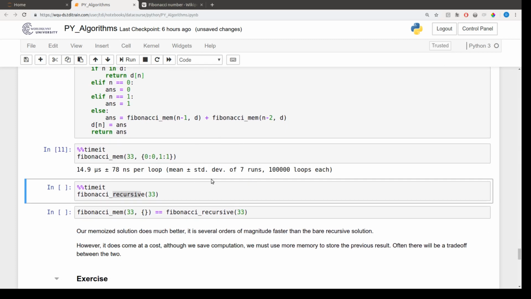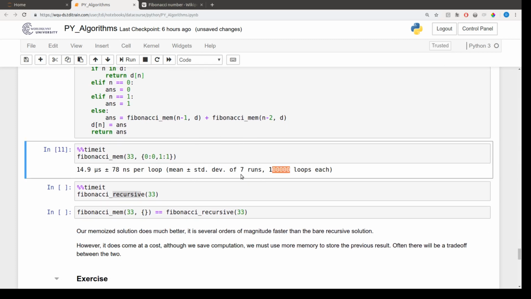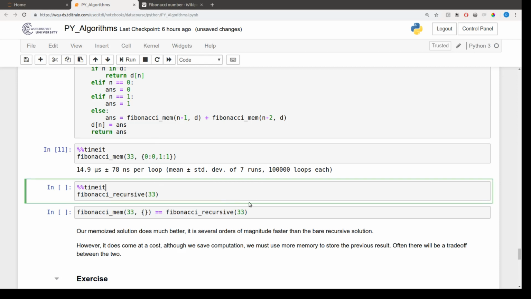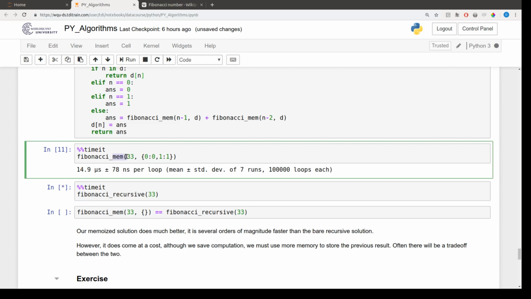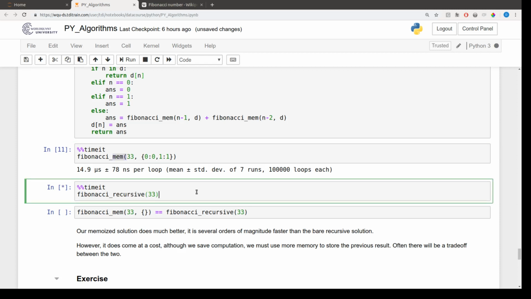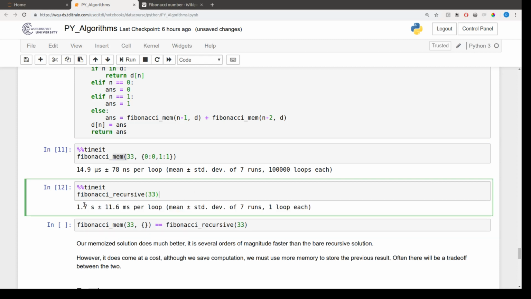So on average, it ran this function 100,000 times, and it found it took on average about 15 microseconds to calculate the 33rd Fibonacci number when we were using the memoized version of the algorithm. Meanwhile, the recursive solution took on average 1.7 seconds.